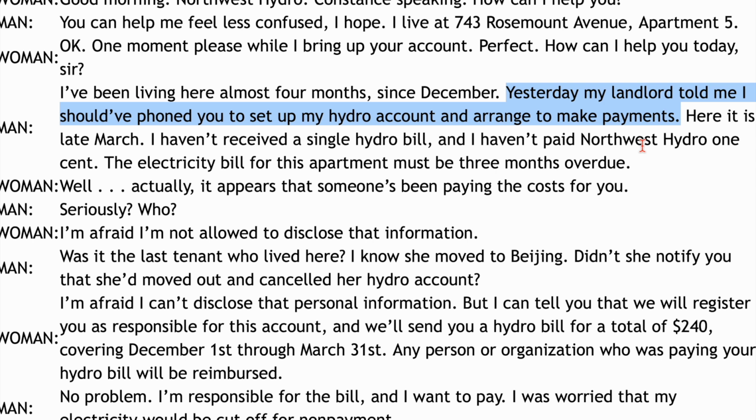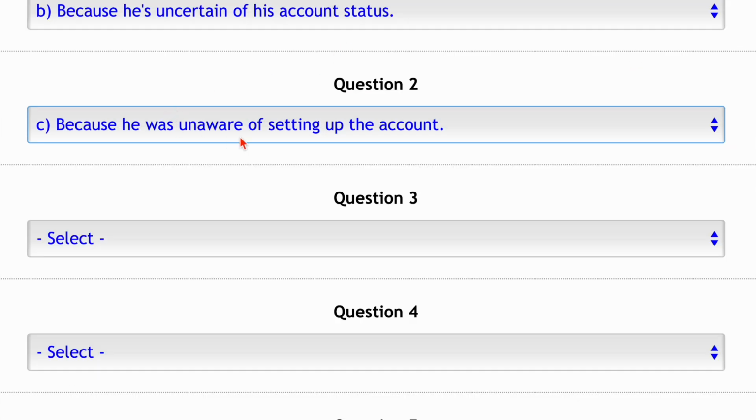My landlord told me I should have phoned you to set up my hydro account. Should have phoned means he didn't phone yet. So he had to do it, but didn't do it. So he was unaware he needed to do it. So he was unaware of setting up the account.